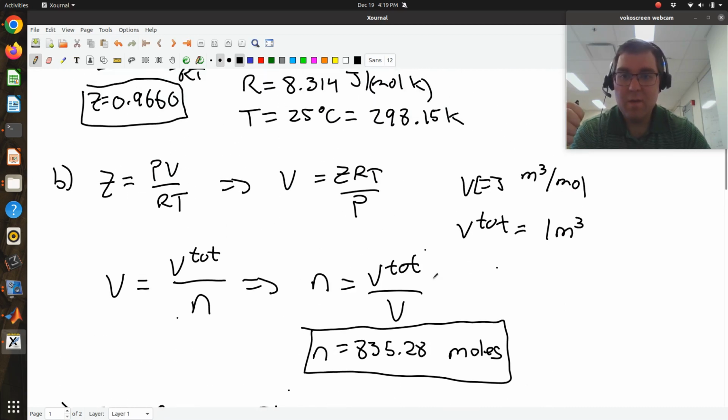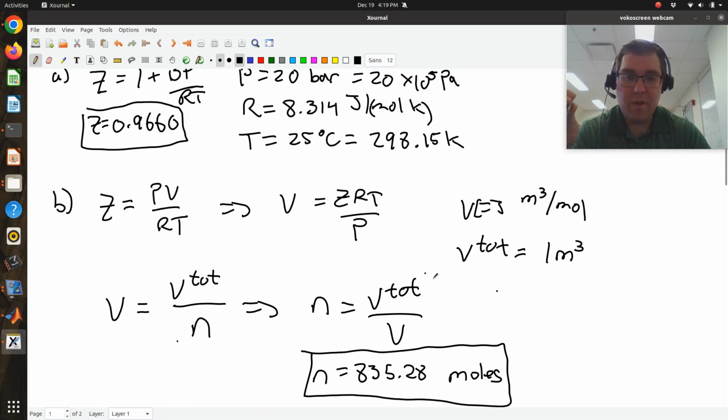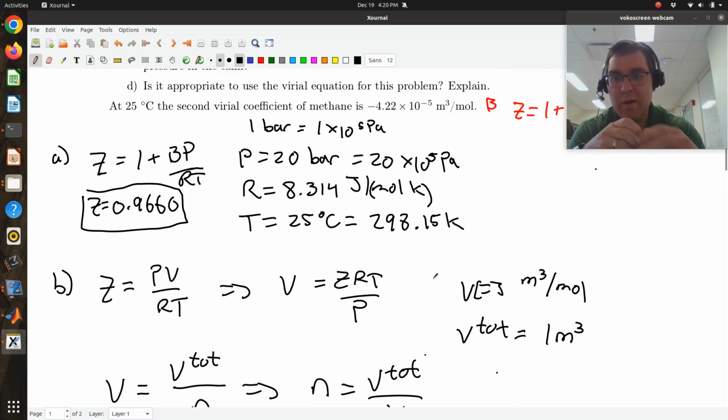Okay. Well, if I go to B, what we were working with is our definition of compressibility. So Z was equal to PV over RT. And then we had our compressibility equation in A. Z is equal to 1 plus BP over RT.